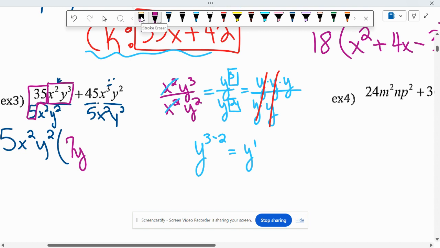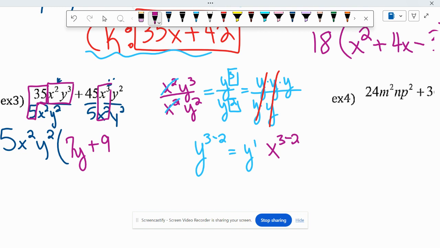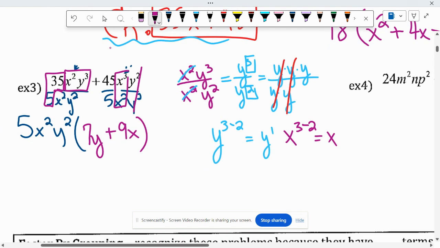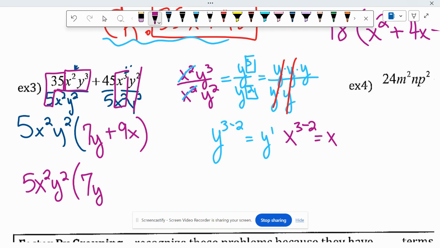And then I'm going to divide 45 by 5, and that's a positive 9. X cubed divided by x squared. Well, x to the 3 minus 2 is x to the first power, which is just an x. And then my y squareds cancel out. So my answer is 5x squared y squared times the quantity 7y plus 9x.